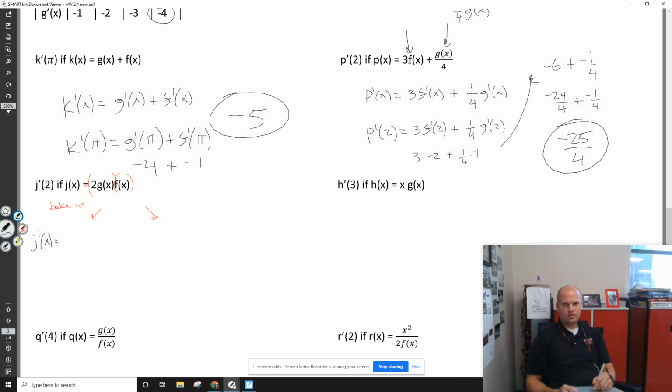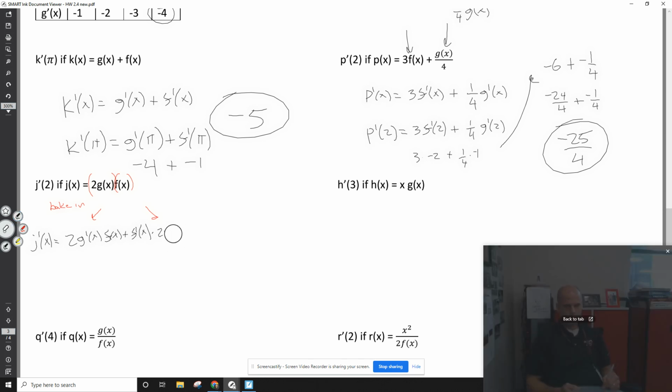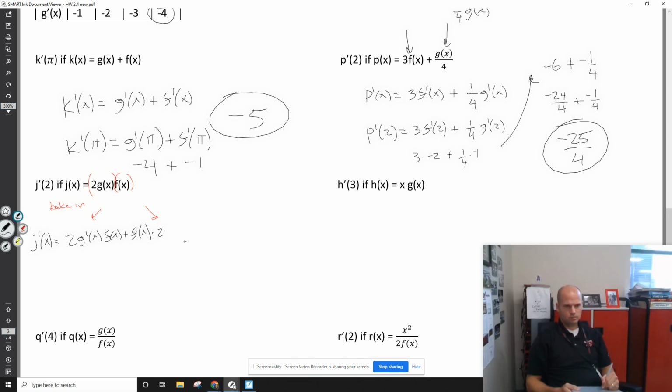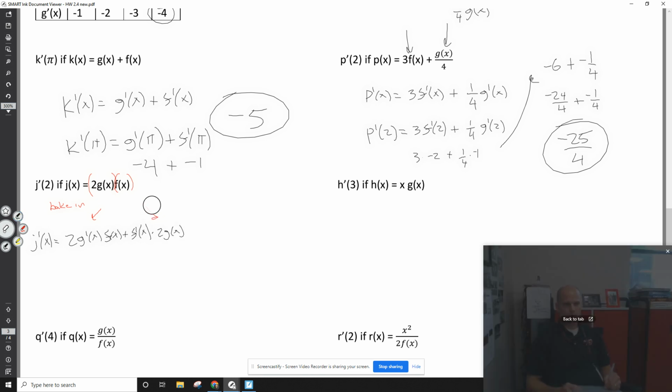We just talked about if you take the derivative of a constant times the function, the constant stays times the derivative of the function. So that's the derivative of the first times the second plus the derivative of the second times the first, 2g of x. Okay, so that's one way, baking in.